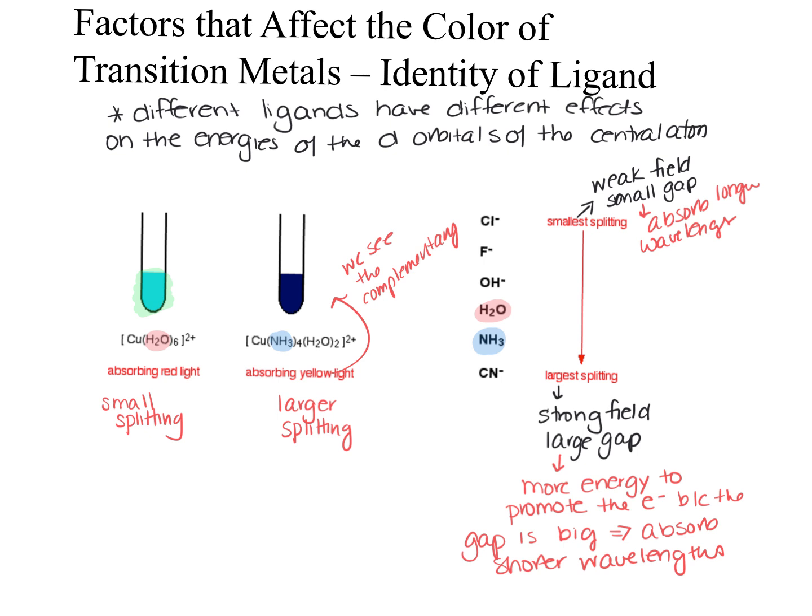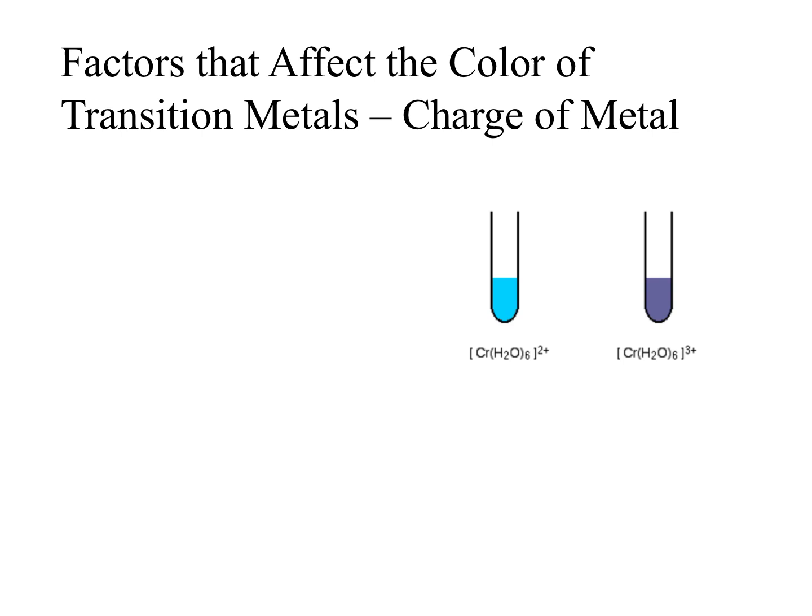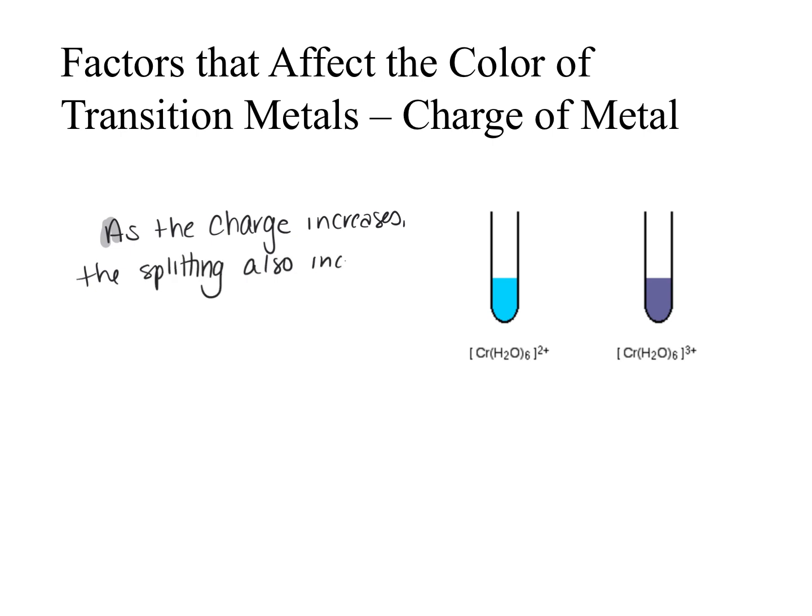The next one is the charge of the metal. So as the charge increases, so does the amount of the splitting of the d orbitals. So as the charge increases, the splitting also increases, and you can get a shift in color, right?